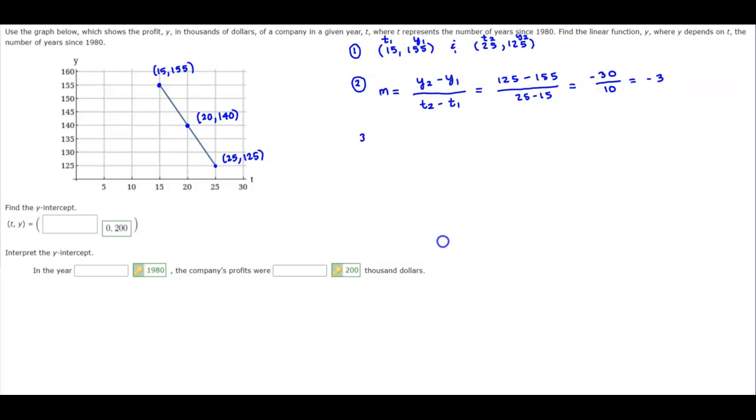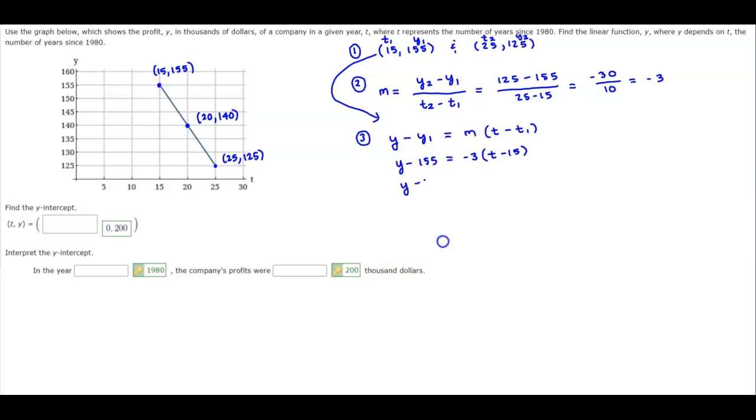Now we want to use the point-slope form. The point-slope form is y minus y1 equals the slope times t minus t1, and we're going to use the first ordered pair as our t1 and y1. So we get y minus 155 equals the slope, negative 3, times t minus 15.